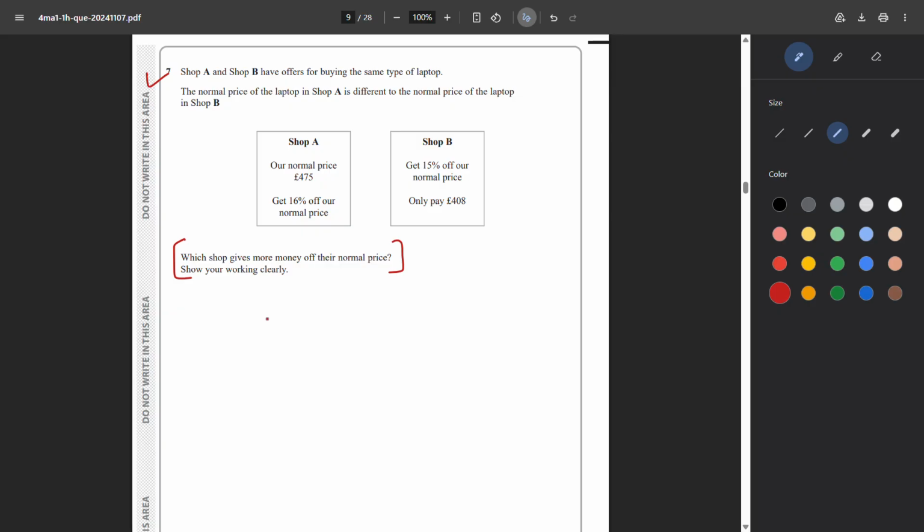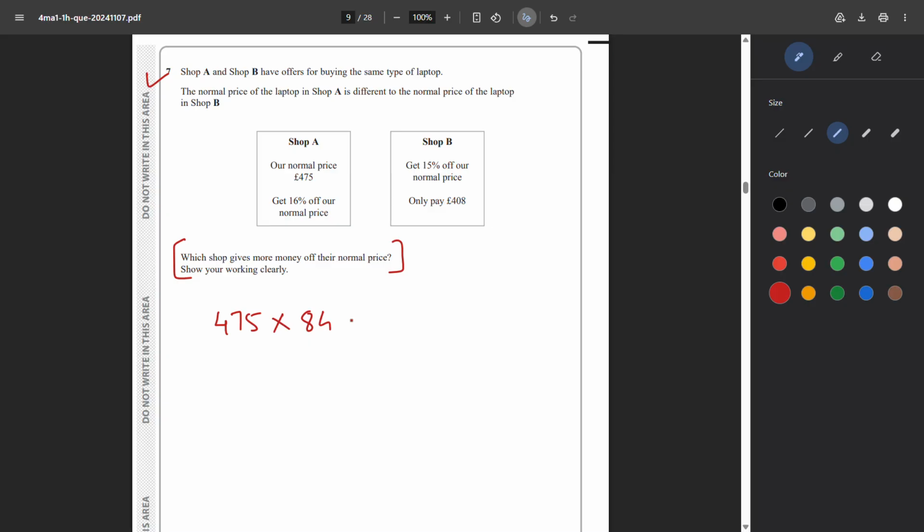So what you have to do first, initially, is find how much value they are giving off. For shop A, the normal price is 475, with 16% off. So 16% means what? 100 minus 16 will be 84, right?